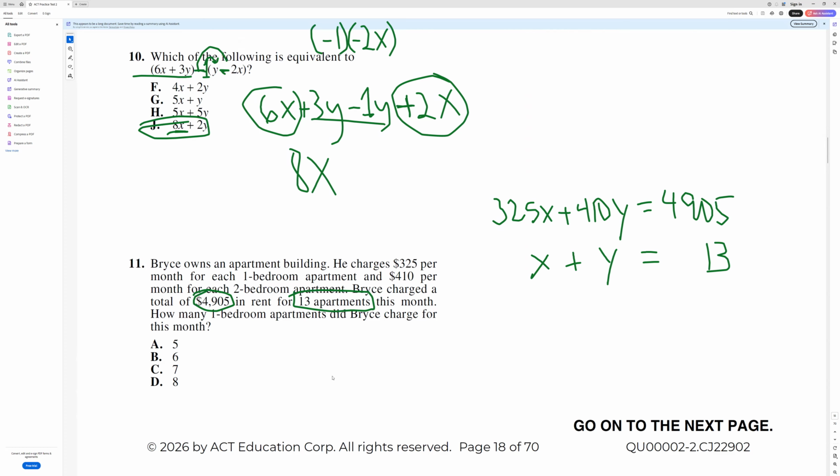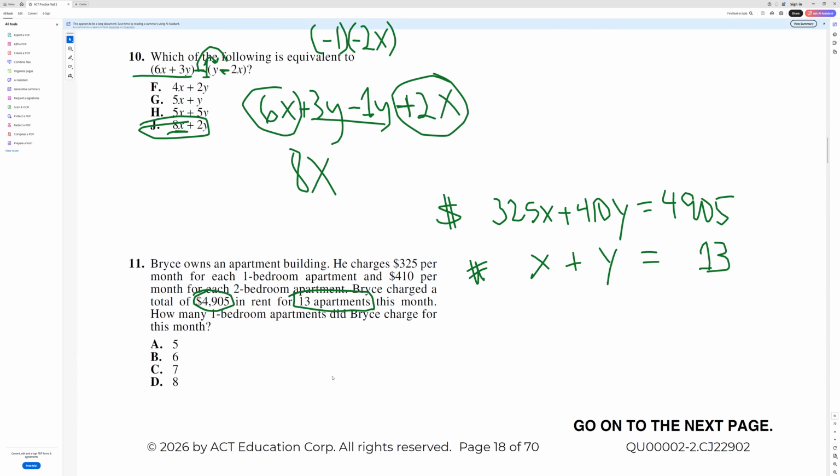So this is money. This is number of apartments, or the hashtag means number. That's a 13, by the way, not a B. Sorry about that. So what I'm going to do is cancel something, and I need to solve for x. So I'm going to multiply this x plus y times negative 410.